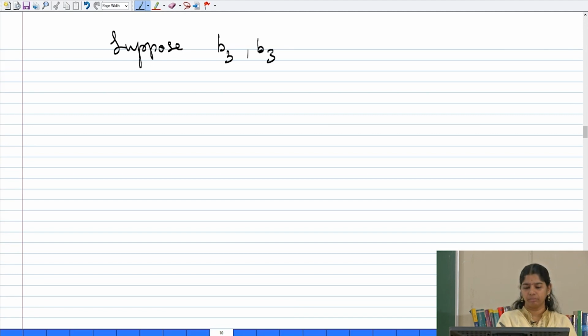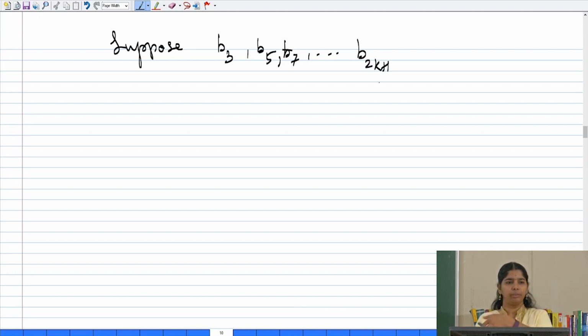So this is where we want to touch upon bipartite graphs. Suppose all these coefficients b3, b5, b7 and so on until b2k+1, where this is going to be the largest possible cycle, suppose all these are 0, with 2k+1 less than or equal to n.